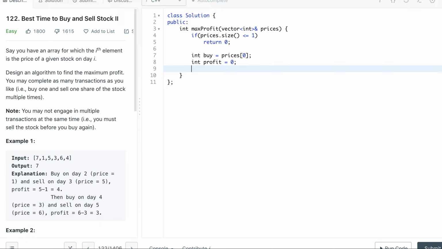So now we will start iterating from 1 because we will compare if 1 is less than 0 or not. So our loop should start from 1.